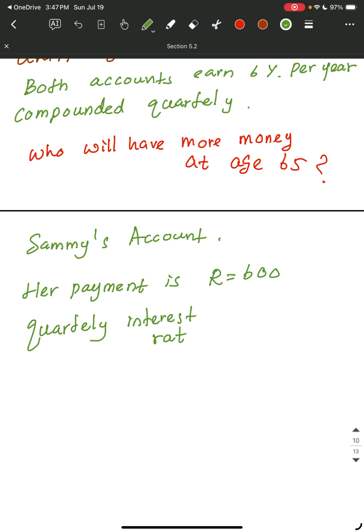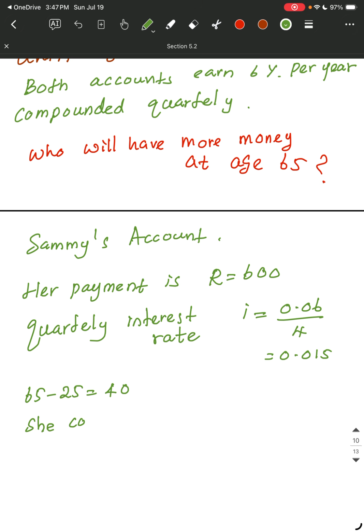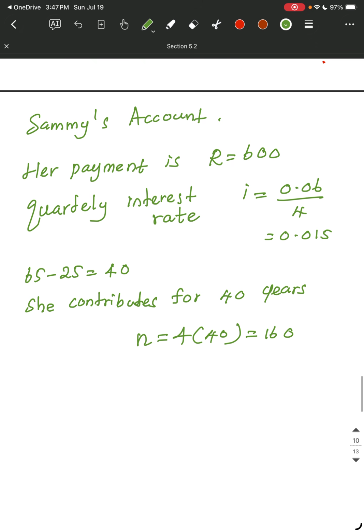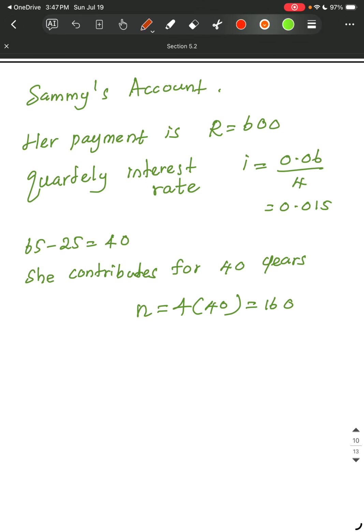She contributes how many years? 65 minus 25, 40. So she contributes for 40 years quarterly. Therefore, n equals 4 times 40, 160. Then let's substitute. Now we have all the information. Then substitute into the future value formula.